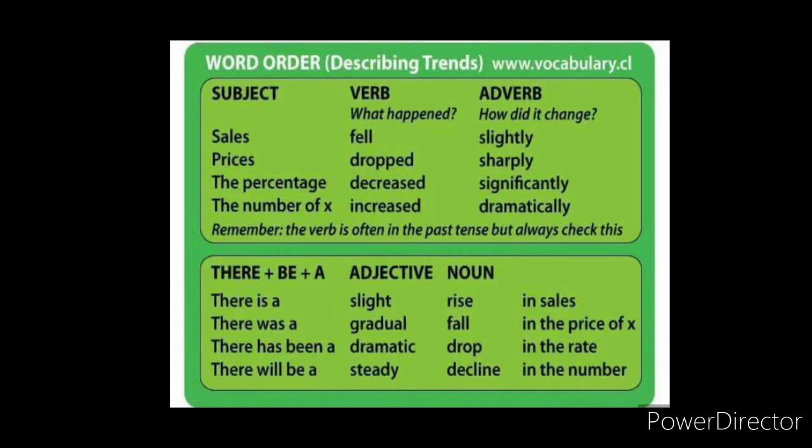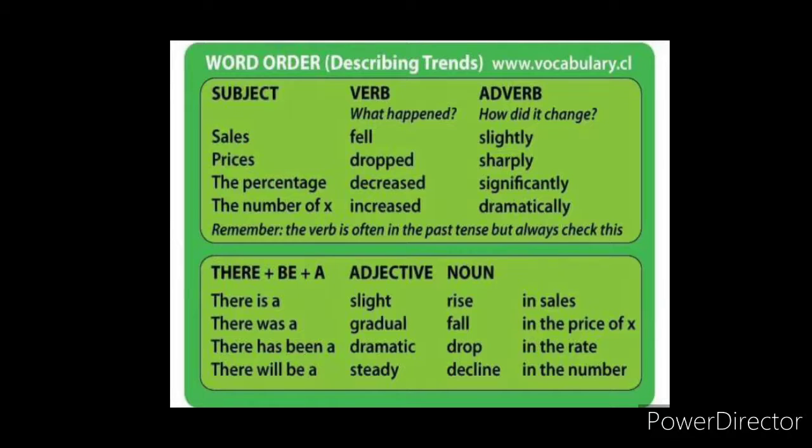Now this is your word order. Again, a few describing trends. So subject, verb and adverb. Keep the subject in mind and write the verb accordingly. So, for example, sales fell slightly, prices dropped sharply.